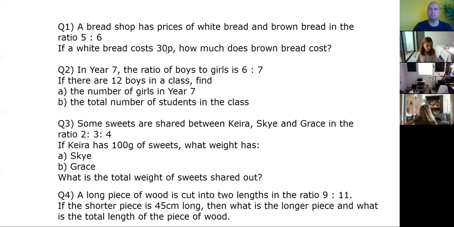Okay. So if you completed number 1. No, that's what I'm stuck on. Okay, so if white bread is the ratio 5 and brown bread is the ratio 6.